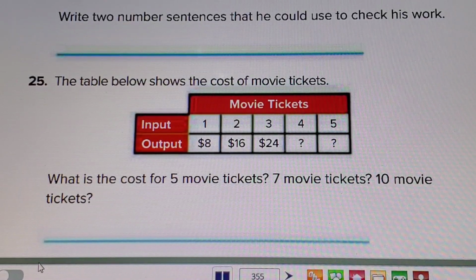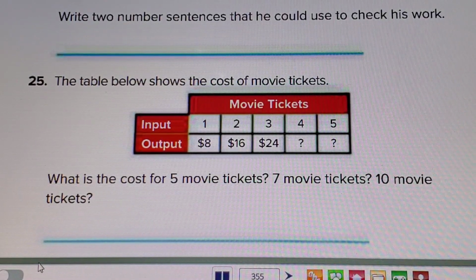Number 25. The table below shows the cost of movie tickets. So here is the table. Input, 1 ticket, costs $8. That's the output.